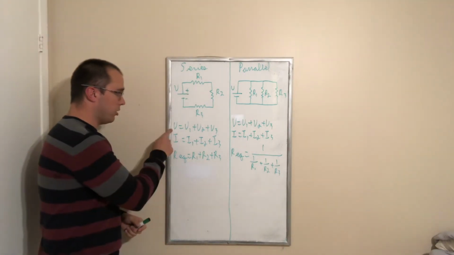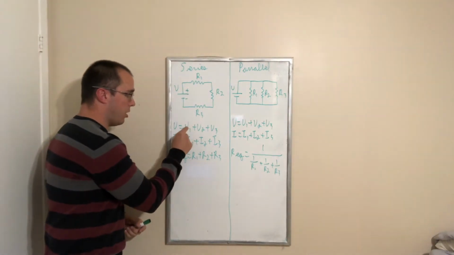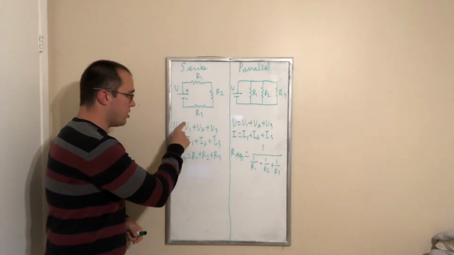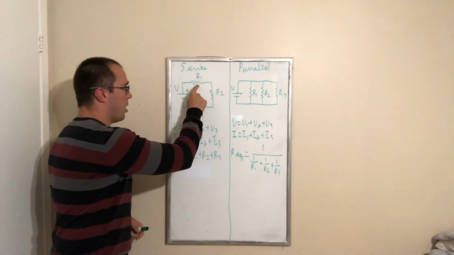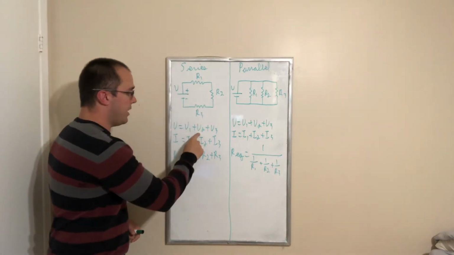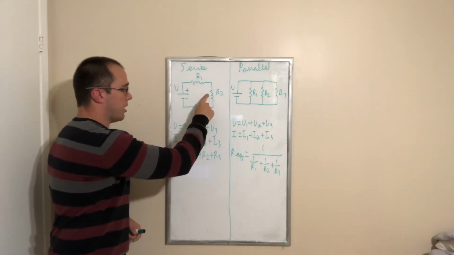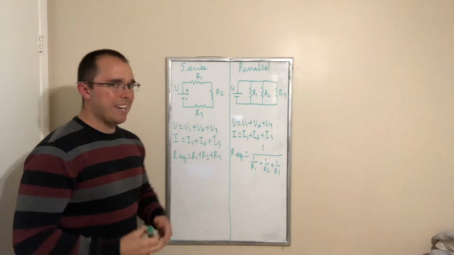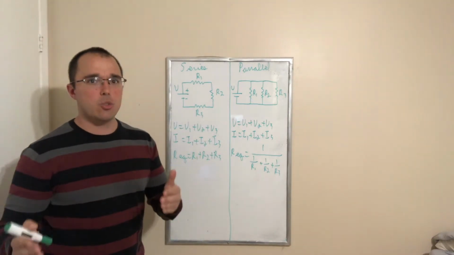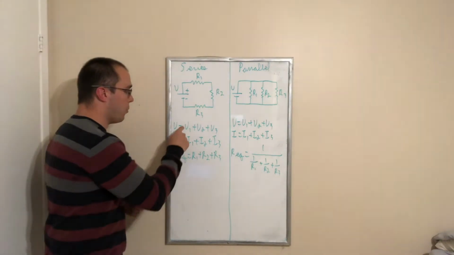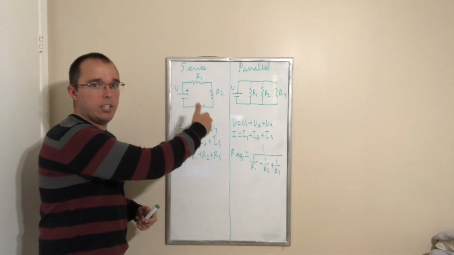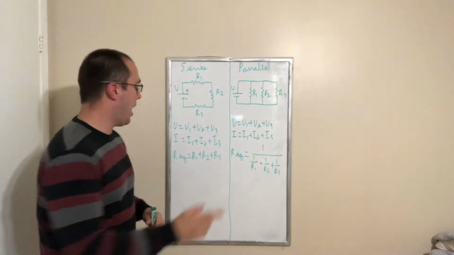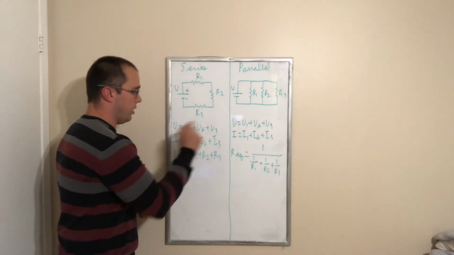So the total voltage is the addition of the voltage across each resistor. Note, I use V1 for the voltage drop at the first resistor, V2 for the second resistor, and V3 for the third resistor. In reality, it is a drop in voltage, so we should be writing delta V1, delta V2, delta V3. However, just in the name of simplification, I'm only going to write V1, V2, V3 in this case.